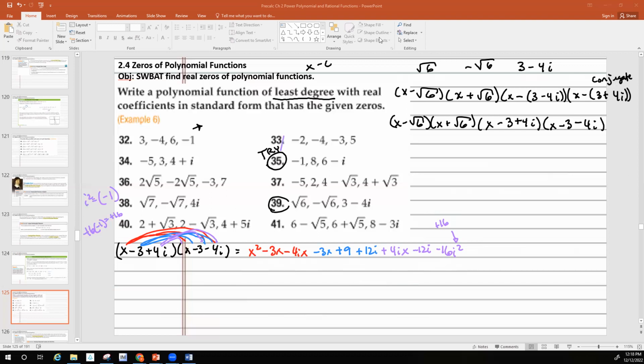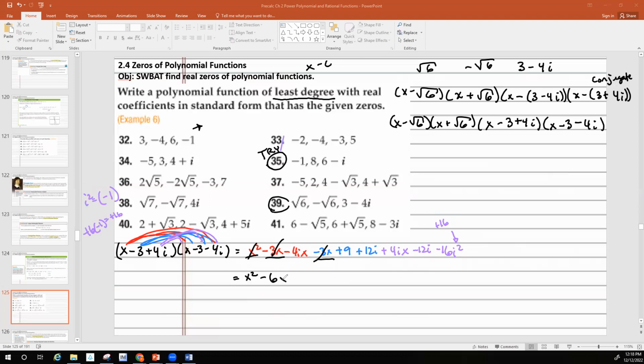So let's combine like terms. We have 1x squared. All right. Let's do the x's. We got a negative 3x. This one has an i, so let's not do that. Negative 3x minus 3x, negative 6x, and that's it.